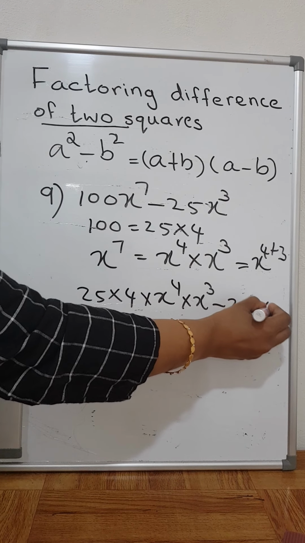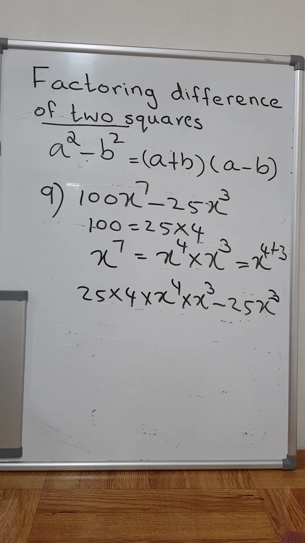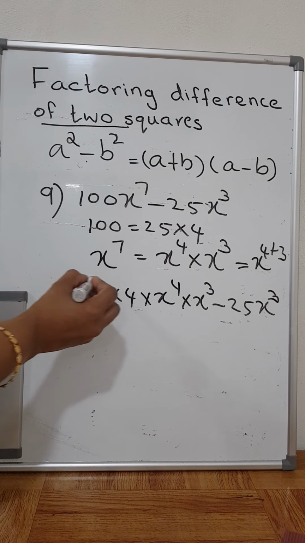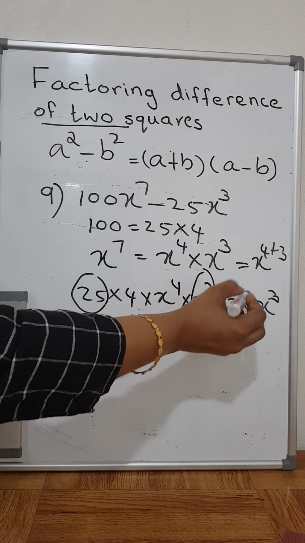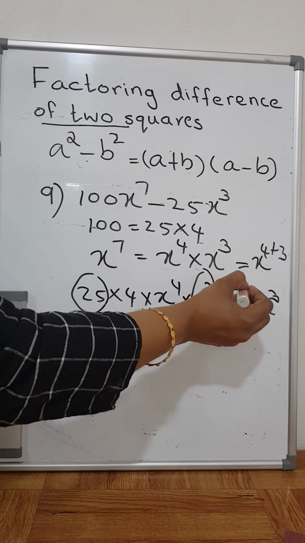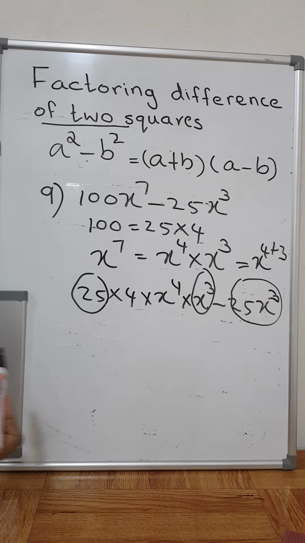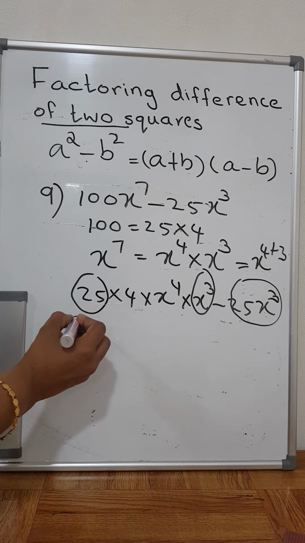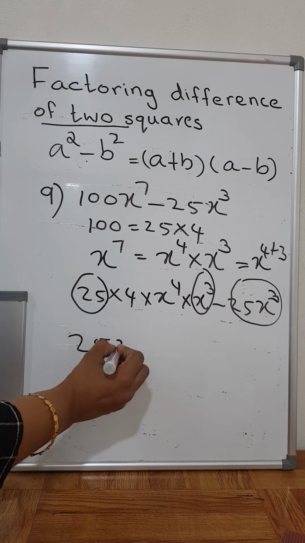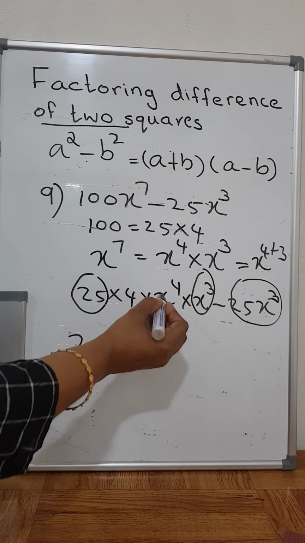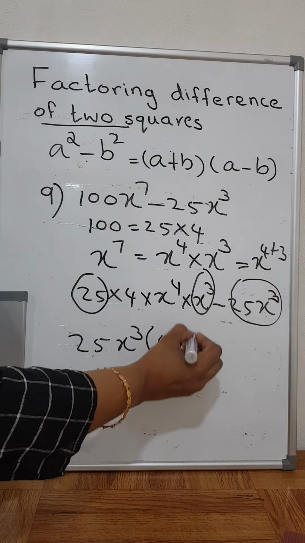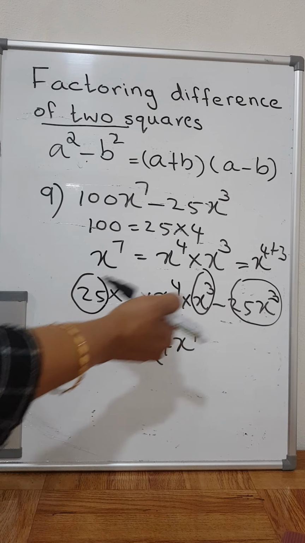minus 25x cube. See what's common here? Here we have a 25, here we have an x cube, here also we have a 25x cube. So these are common. We can take 25x cube out. What's remaining? Here it is 4x to the power 4. What about here?